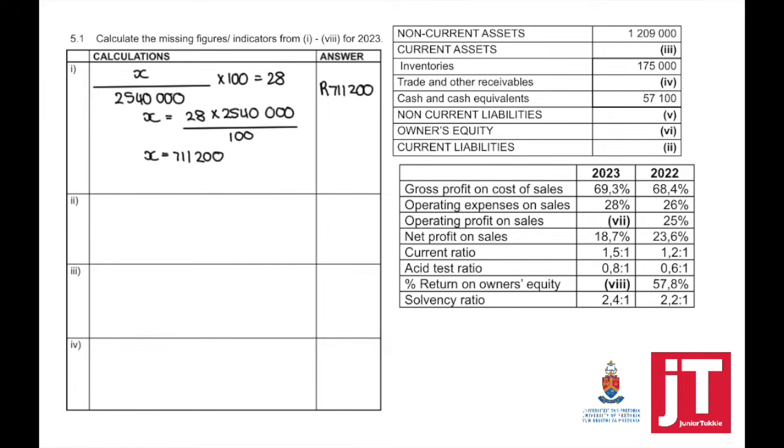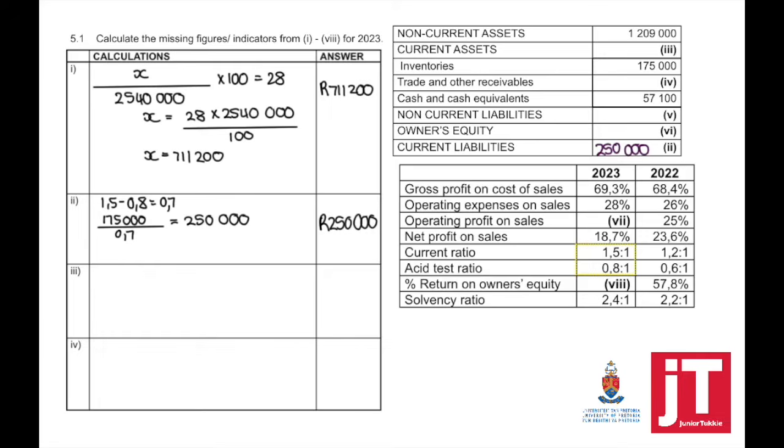They've given you inventories, 175,000, and 1,5 minus 0,8 is equal to your inventories, which is 0,7. So I can use that to find the current liabilities by taking 175,000, which is your inventories, divided by 0,7. And that equals 250,000, which is your current liabilities.